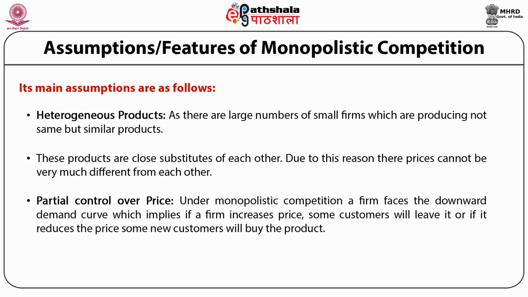Partial control over price: under monopolistic competition, a firm faces a downward demand curve, which implies that if a firm increases the price, some customers will leave it, or if it reduces the price, some new customers will buy the product. So, a firm has partial control over price under this competition.